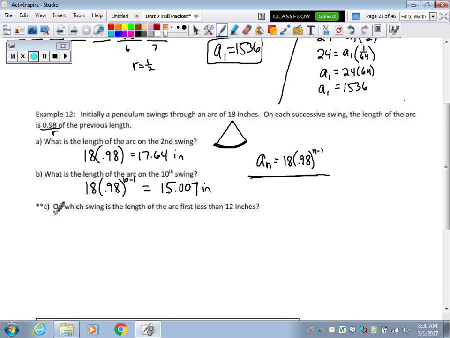On which swing, so that means we don't know n, will the length first be less than 12? So 12 here. All right, and I don't know n, but I want it to come out 12. Well, a little bit less than 12. So divide by 18. 12 divided by 18, decimal, 2/3.